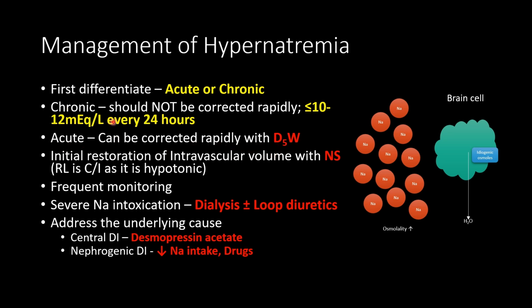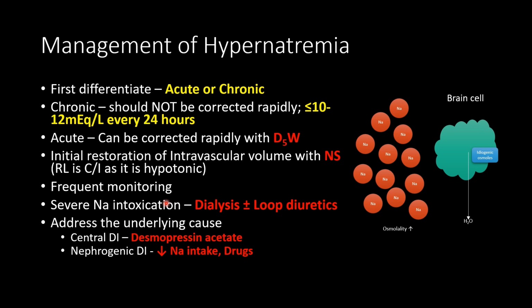Similar to hyponatremia, we can correct it a maximum of 10 to 12 milliequivalent per liter over the initial 24 hours, and the initial restoration of intravascular volume has to be always done by normal saline. Ringer lactate is contraindicated as it is hypotonic. If there is depletion of intravascular volume, we have to always replace this with normal saline. Frequent monitoring obviously is very important, because rapid correction in chronic hypernatremia can lead to devastating manifestations.